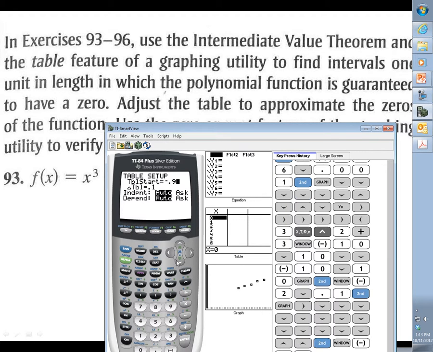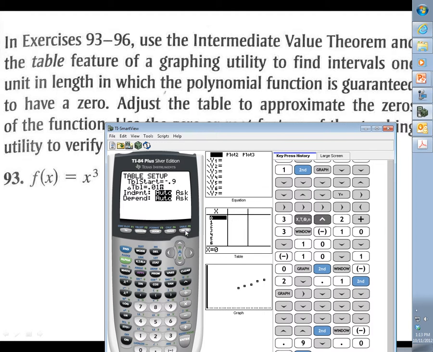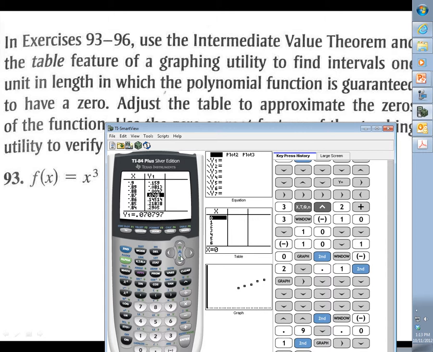We'll switch to -0.9 and count by hundredths. We transition from a negative to a positive in between -0.88 and -0.87, and so we'll go with that. We'll approximate our 0 at -0.875, halfway in between the two.